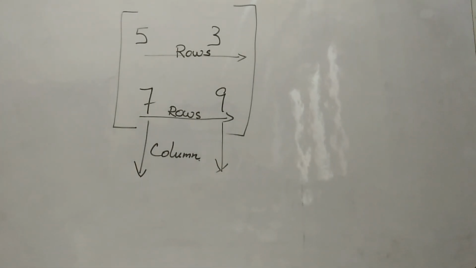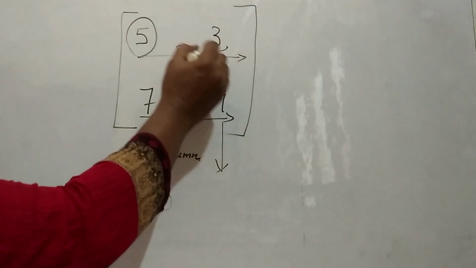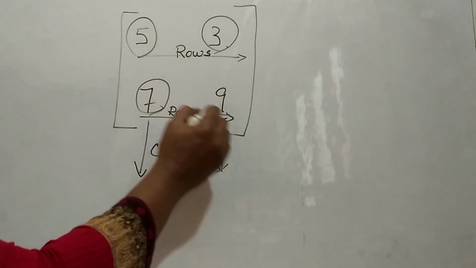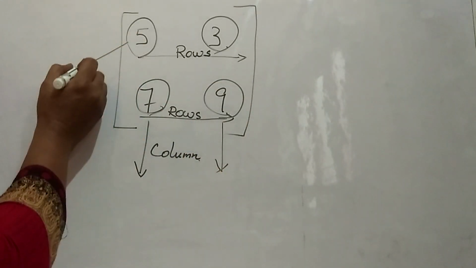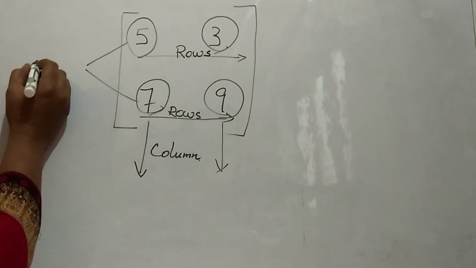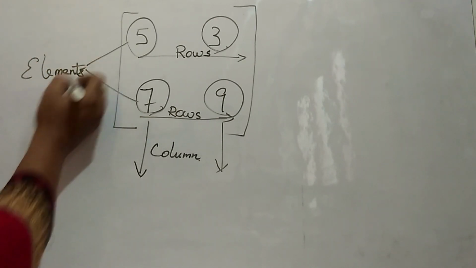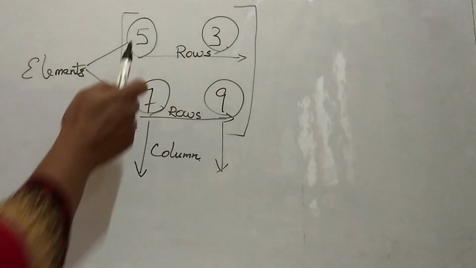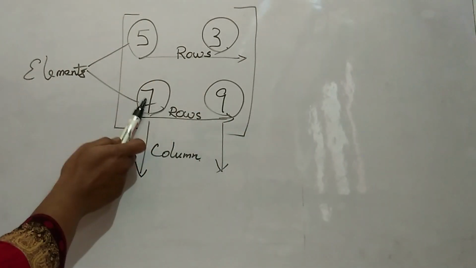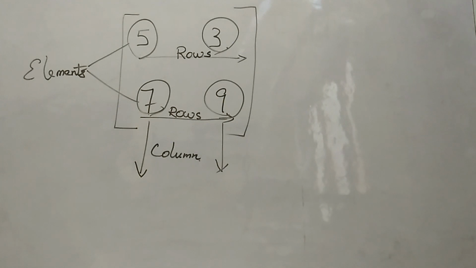A matrix is a rectangular arrangement of numbers arranged in rows and columns. The numbers written in the matrix are called elements of the matrix.